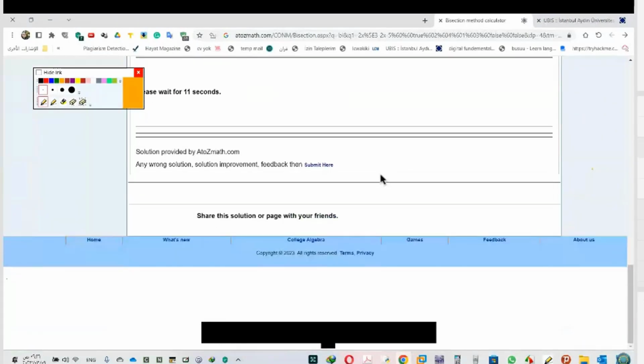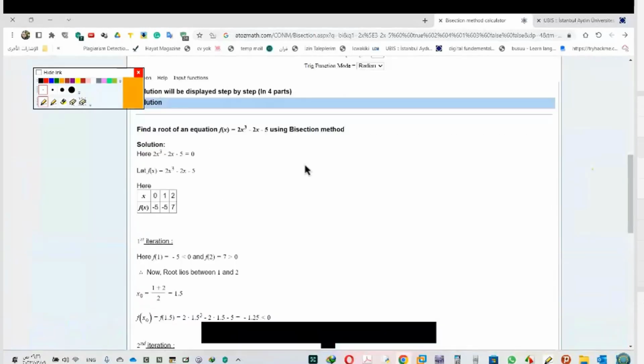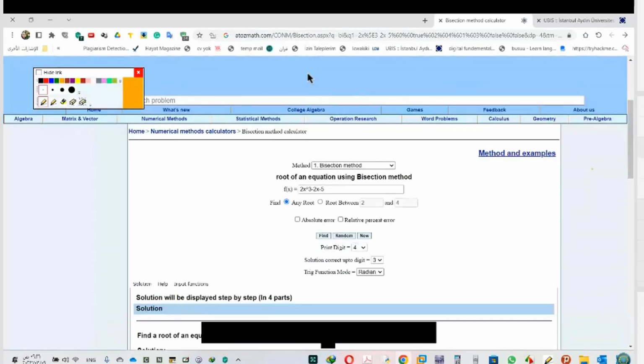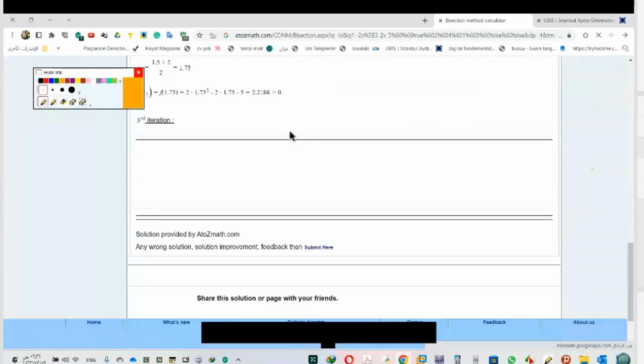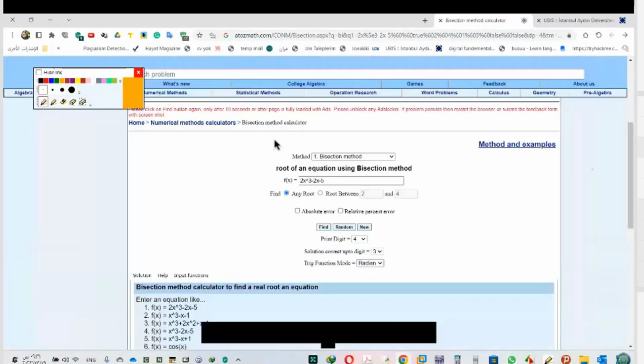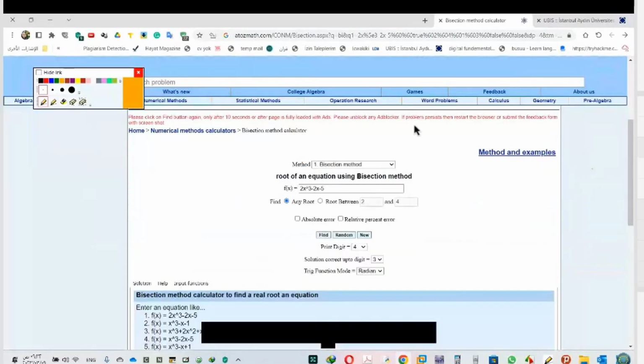Then another part, but here you have to stop the ad blocker. If you have an ad blocker, you have to stop it, and you can find the answer for this one. So this is a very good website, A to Z Math. You can find what you want to find. I see, okay, they stop because I'm using an ad blocker.